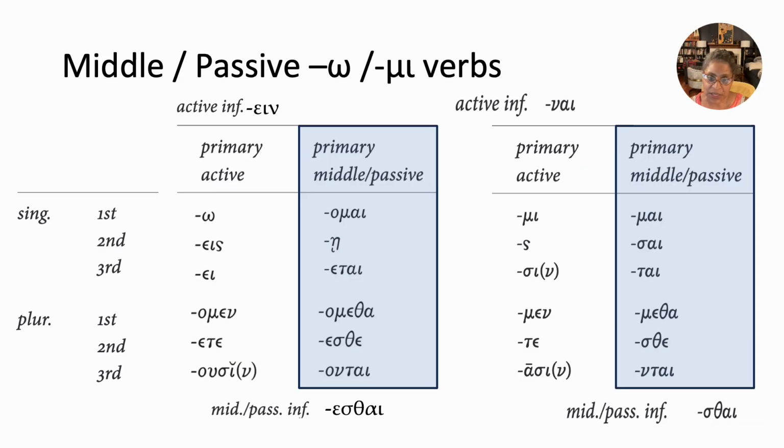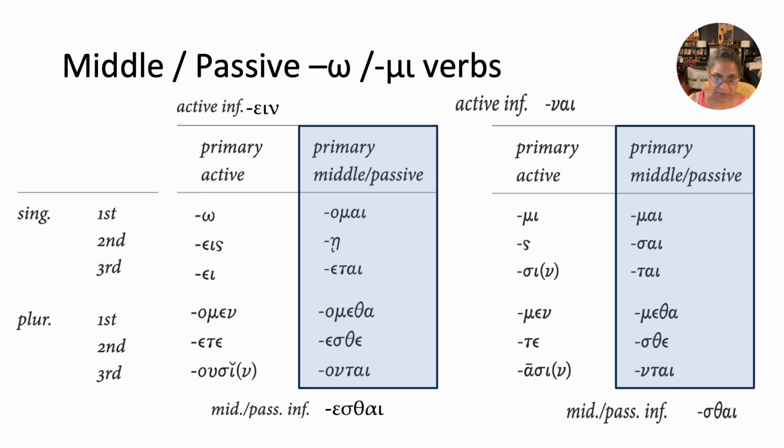Okay, so we're familiar with the endings of the middle passive already because these are the endings of the deponent verbs, which I've been calling the mai verbs. And in the omega group, we've seen that they are -omai, -ei/-a, -etai, -ometha, -esthe, -ontai.